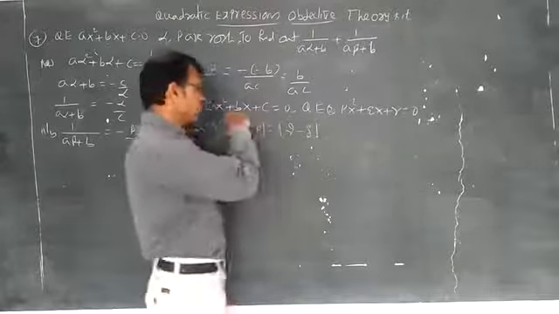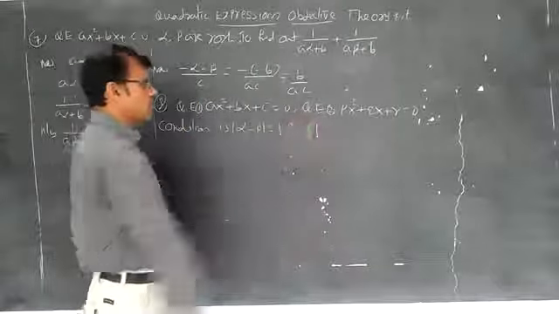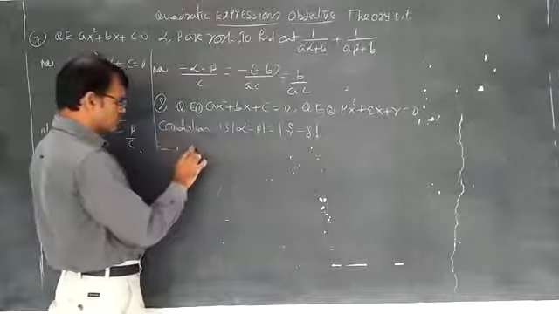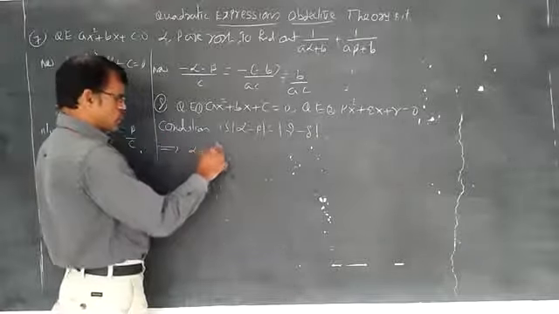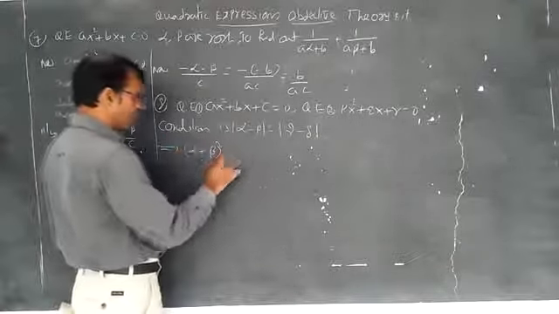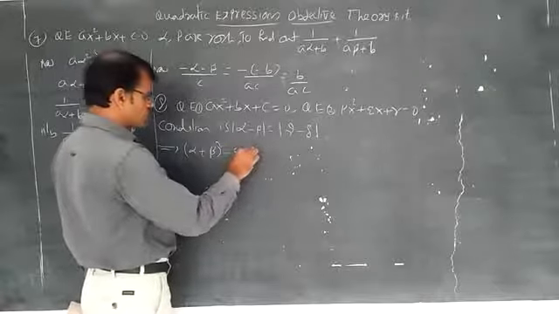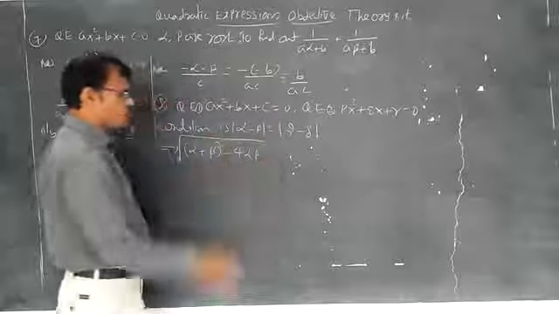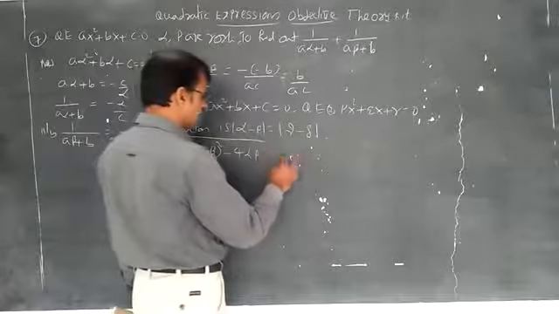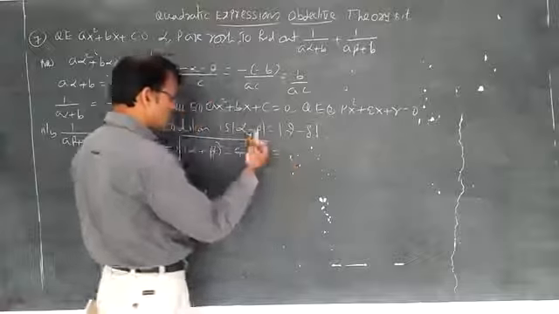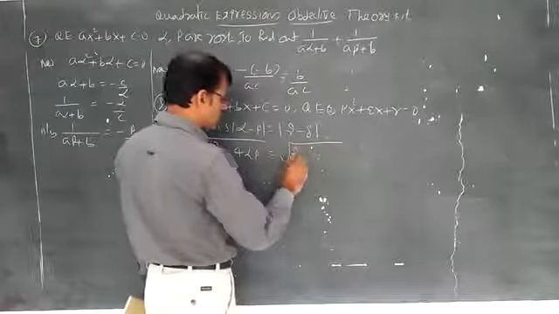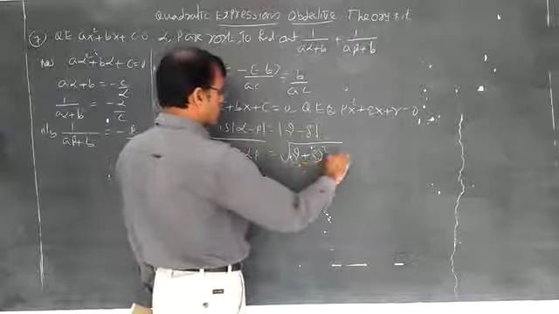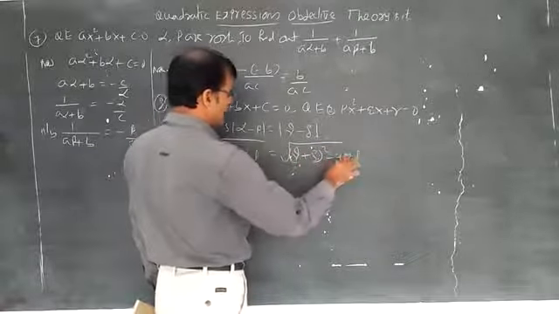If alpha, beta are roots of this one, and gamma, delta are roots of that, then you should observe one thing and remember it as a formula. Alpha plus beta whole square minus 4 alpha beta, because for a minus b whole square we use squaring. Similarly, gamma plus delta whole square minus 4 gamma delta.